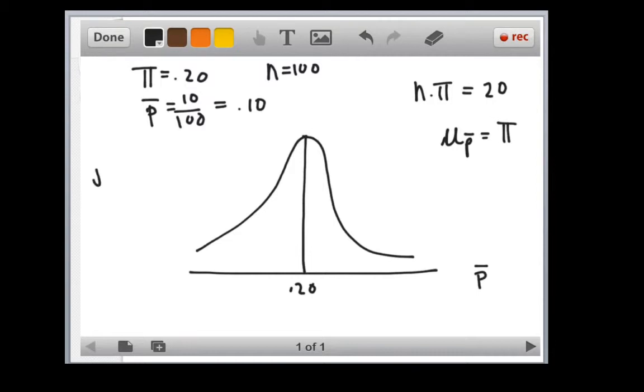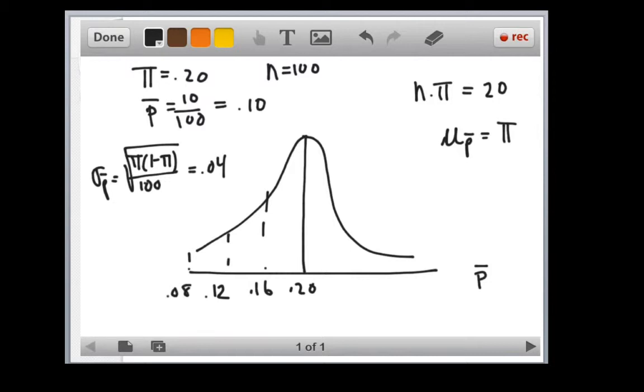The standard deviation again is the square root of 0.2 times 0.8 over 100, and it's 0.04. So if we go a couple standard deviations around the mean, we're going to have a normal distribution that looks like this.